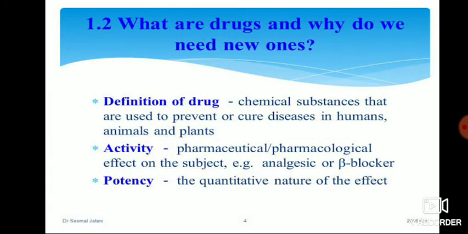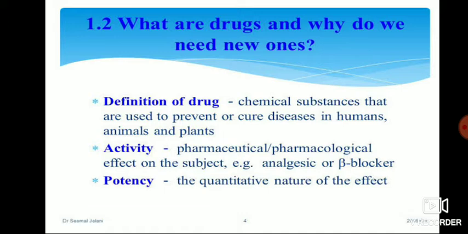Next one, drug. What are drugs and why do we need new ones? First, what is a drug? Even though we use so many chemicals in our daily life, the chemicals used for treating diseases are termed as drugs.